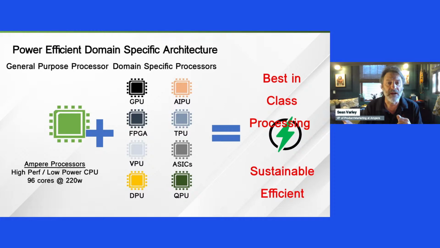Utilizing a VPU like the Codensity ASICs and the Quadra products that NETINT builds, along with a low power, high efficiency processor like Ampere's Ultra and Ultra Max. In this case, we're looking at a 96 core processor running somewhere south of 200 watts. And this is going to deliver the best in class, the most sustainable, the most efficient processing available to the market today.